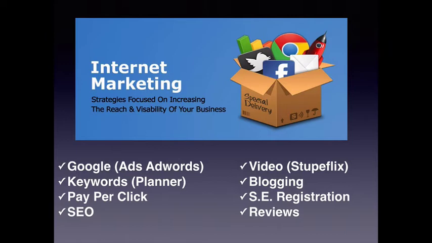So, elder care, senior care, private duty, home care. Terms like this. What the keyword planner does for you is it allows you to put the actual word in there, and it will give you a whole bunch of other similar words.